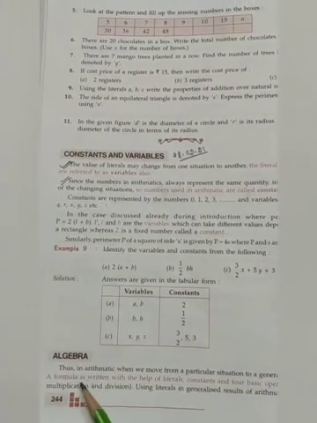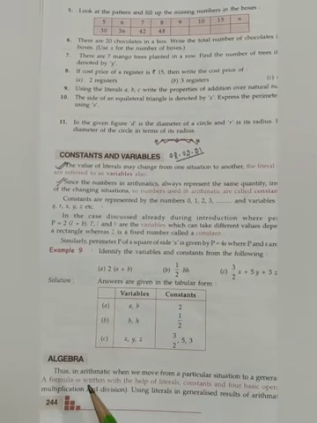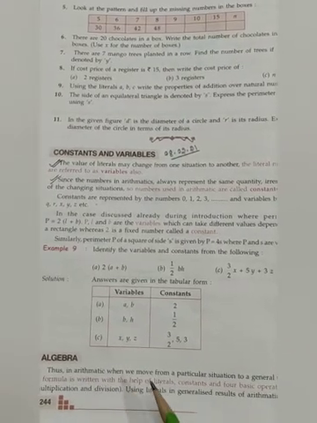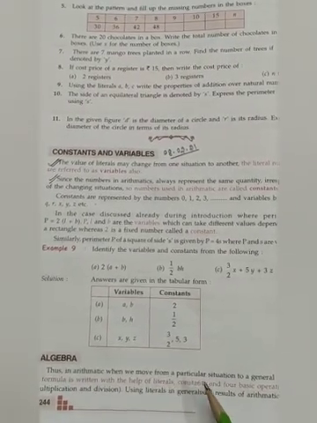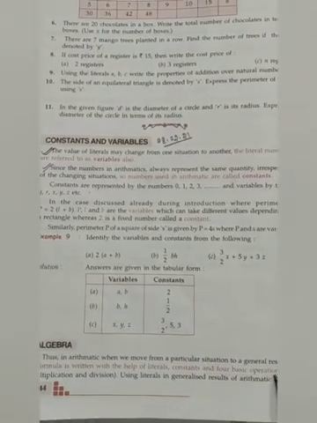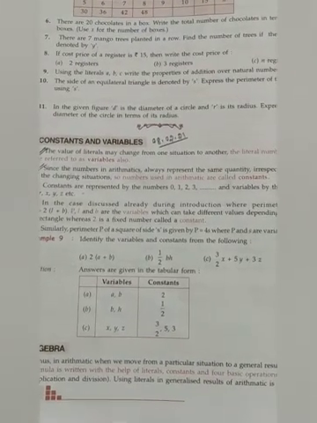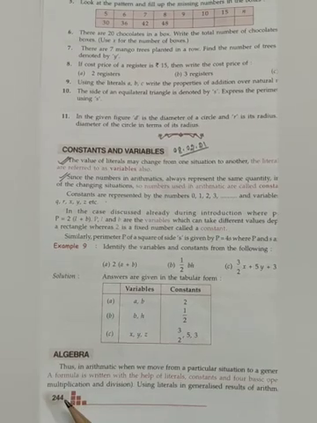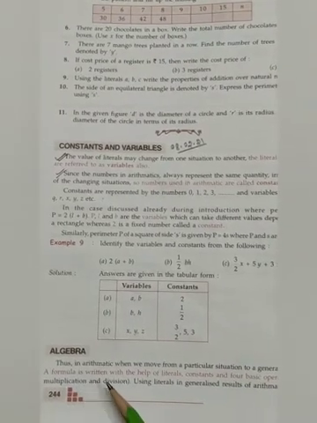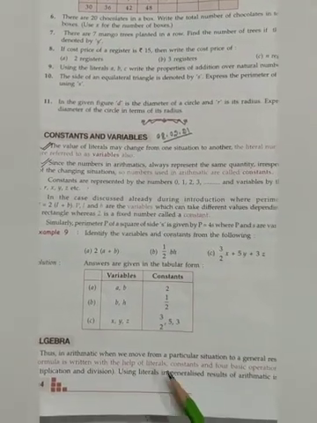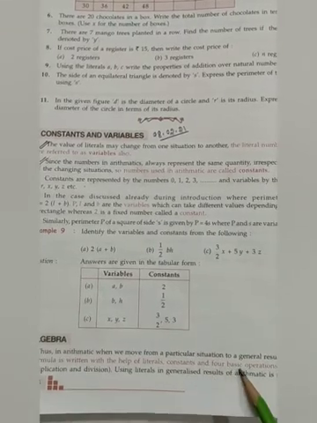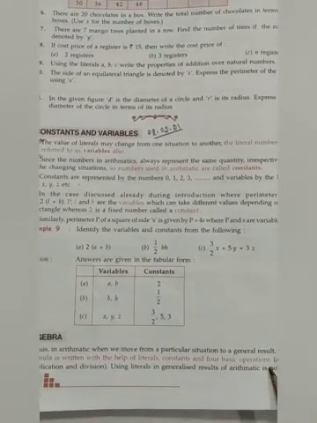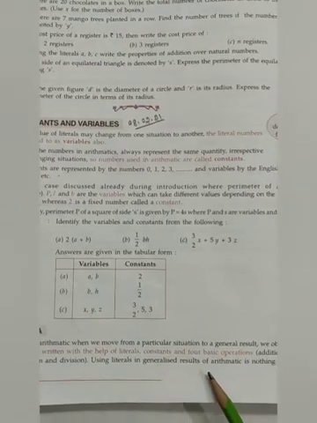Then comes algebra. In arithmetic, when we move from a particular situation to a general result, we obtain a formula. A formula is written with the help of literals, constants and 4 basic operations. Okay, what are the operations?